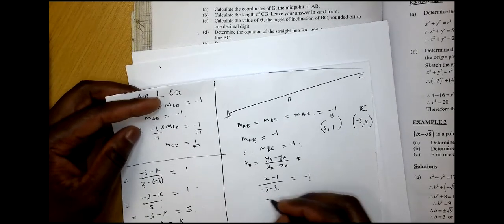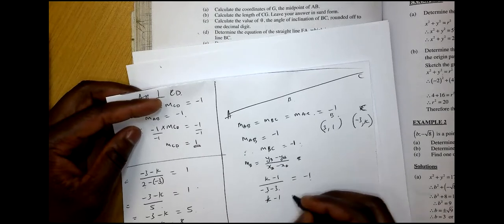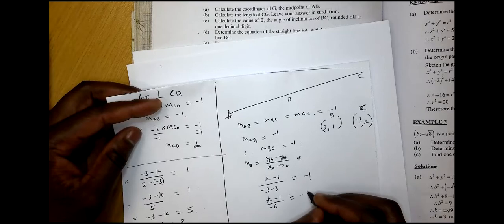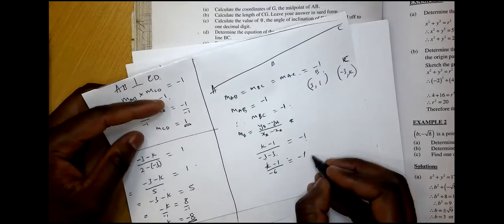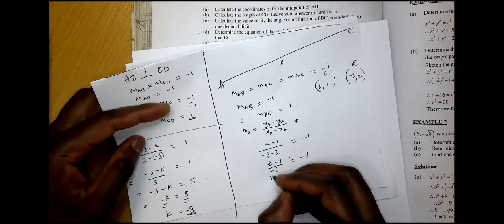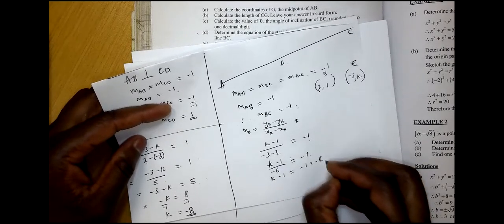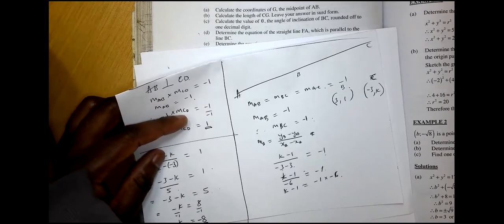It's going to be K minus 1 over negative 6 is equal to negative 1. Then you multiply both sides by negative 6. K minus 1 is equal to negative 1 times negative 6. Then negative 1 times negative 6, what do you get there?